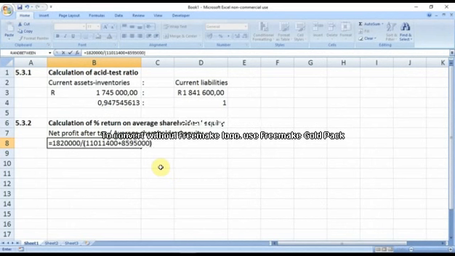We need to divide by 2 to get the average. So if we divide by 2, we get the average.